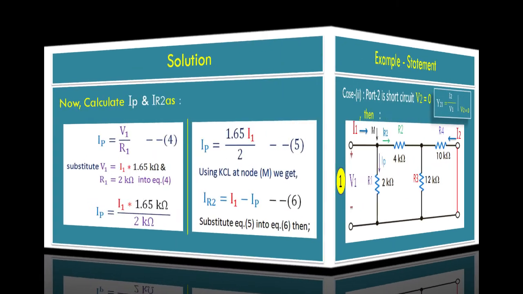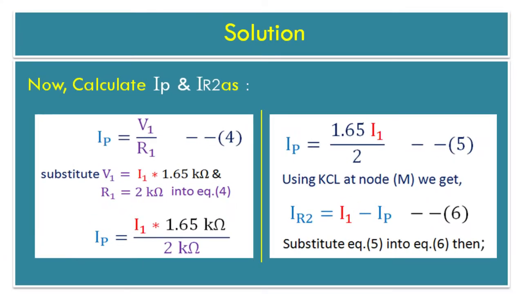Now calculate current IP and IR2 as current IP is equal to V1 upon R1, which is given by equation 4. Substitute voltage V1 is equal to I1 into 1.65 kilo ohm and resistance R1 is equal to 2 kilo ohm into equation 4. Then we get current IP is equal to 1.65 into I1 divided by 2, given by equation 5.